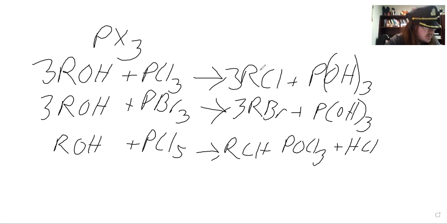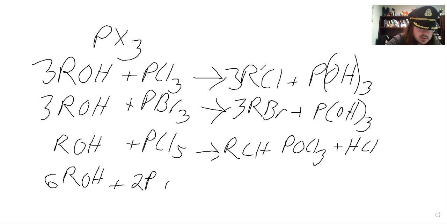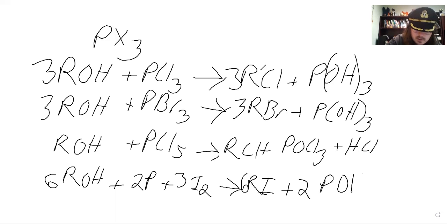And this one is the most interesting. 6 ROH plus 2 equivalents of phosphorus and 3 equivalents of iodine will give us 6 equivalents of RI and 2 of P(OH)3. Essentially, you're getting 2 equivalents of PI3.